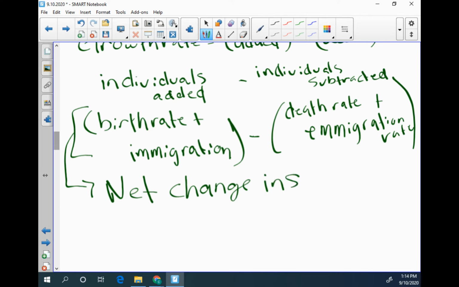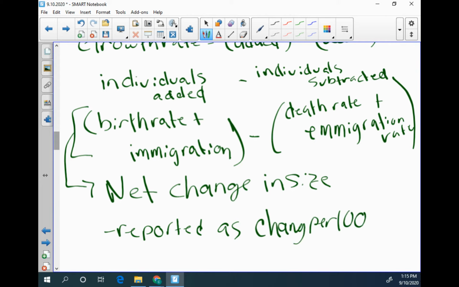Net change in size is usually reported as change per 1,000 individuals. So if overall we are gaining 7 people a year after we get through our birth rate and death rate and all those calculations, our growth rate would be 7 over 1,000.